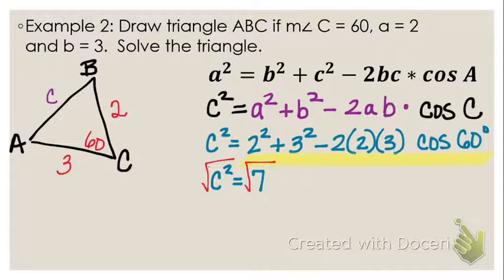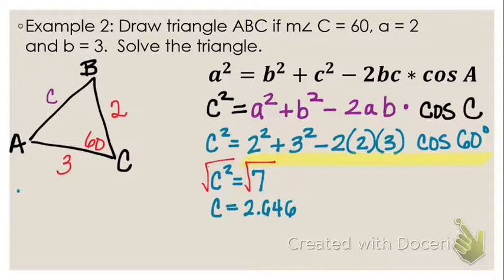But if you want that answer as a decimal, right above the enter key, there are 2 triangles that convert it to a decimal. So C, the square root of 7, is approximately 2.646. That would be my answer for C.